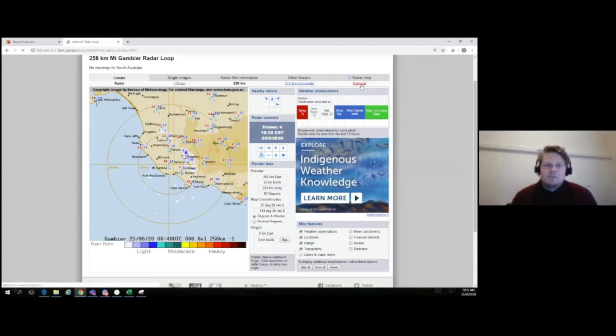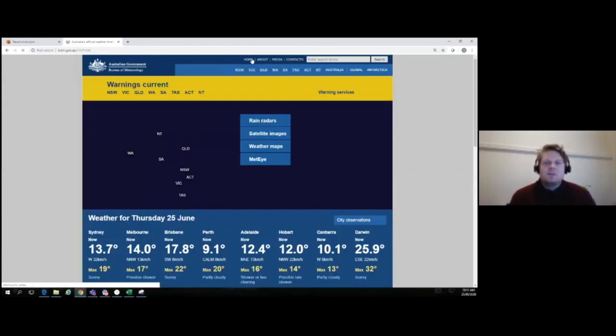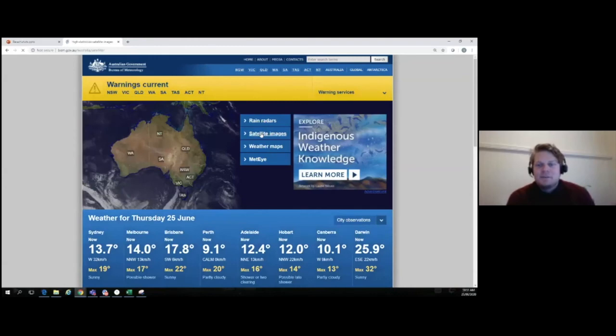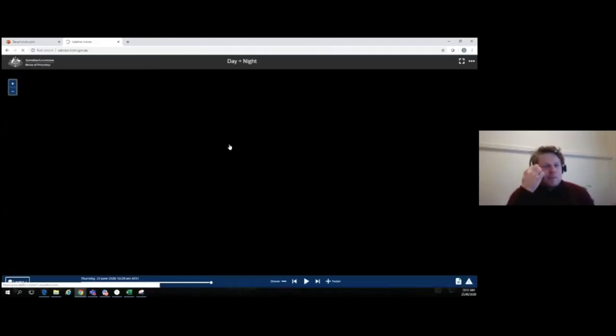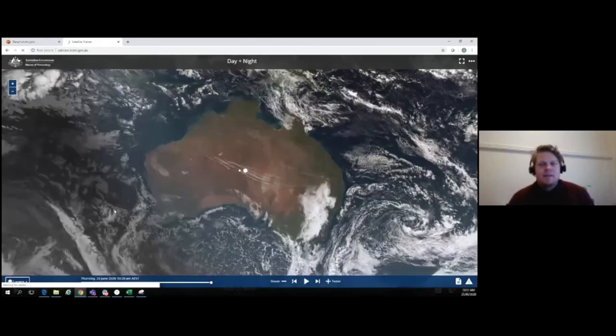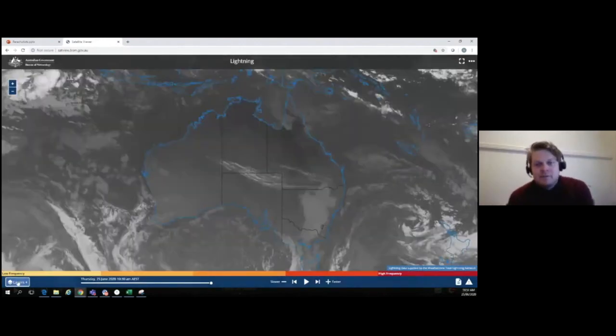Another useful thing on the website is this pretty cool satellite viewer. Well, we think it's pretty cool because we're meteorologists and we're weather nerds. It's from Himawari 8, which is a satellite owned by the Japanese Met Agency. And it's really good, really high resolution for the Australian area.